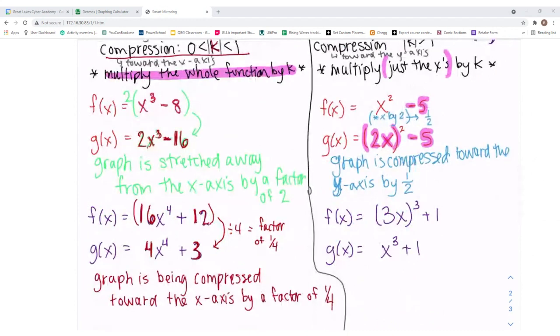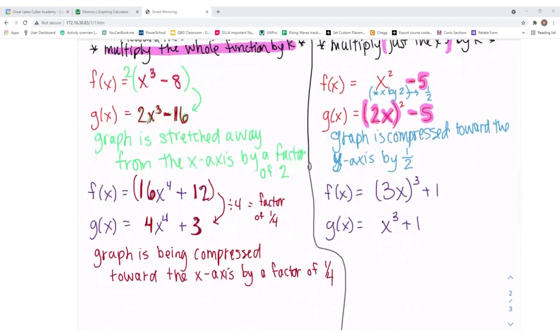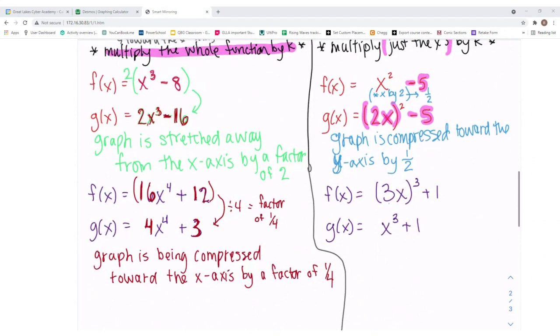And then this next one's kind of the same type of thing. Notice we would have to divide by 3 here. So that would mean it would be 3. So it's going to be a factor of, I should put here, I forgot it, a factor of 1/2.